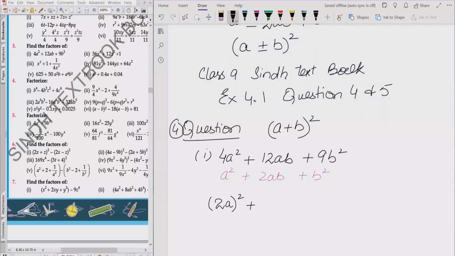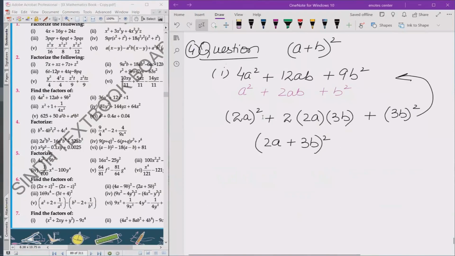From the formula, a is 2a. Now what is b? First we write b square, so b square is (3b) whole square. So b is 3b. If you multiply, you will get this answer again. Okay, now we have another question.